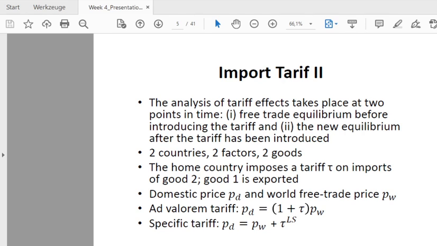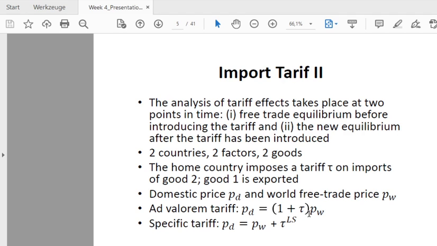Ad valorem tariffs can be written mathematically in the way shown here. You have the domestic price equals 1 plus tau. This is the tariff written as point something.